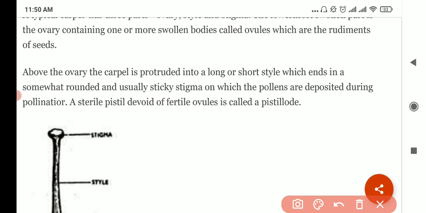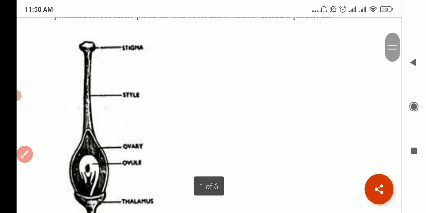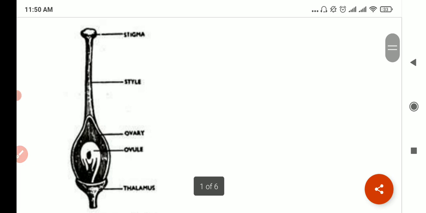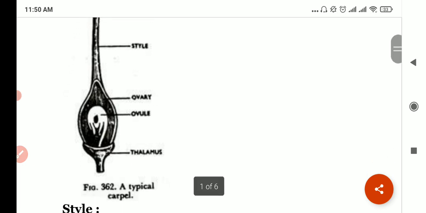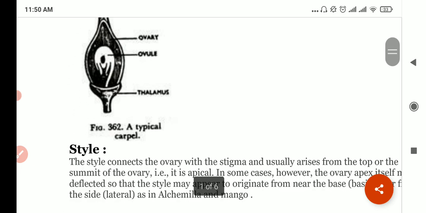This word. Okay, so this is your image of your stigma, your style and your ovary, and the ovule is inside, and there's the thalamus.